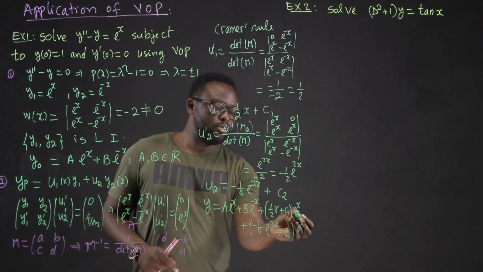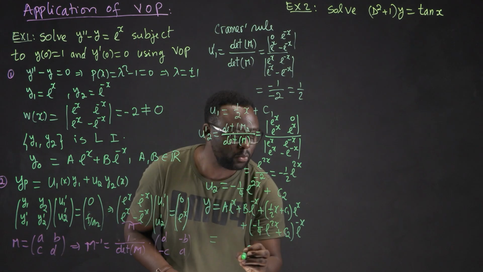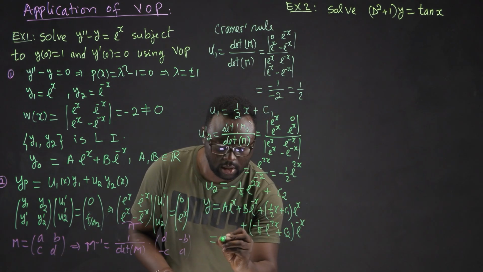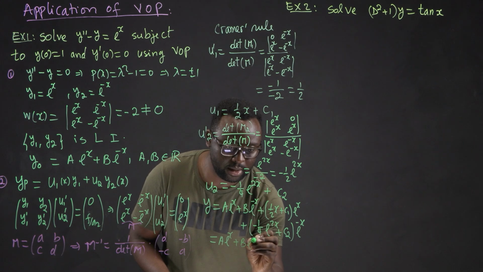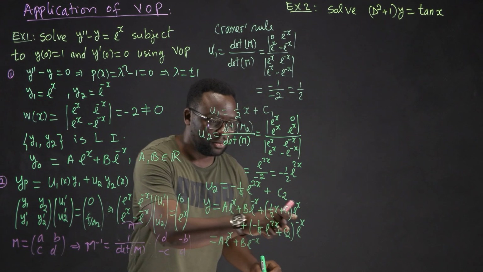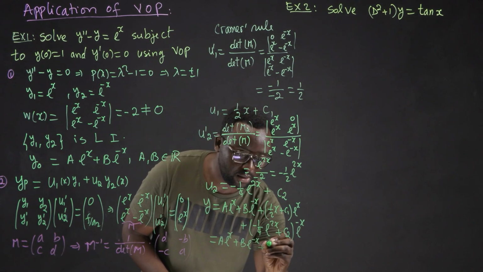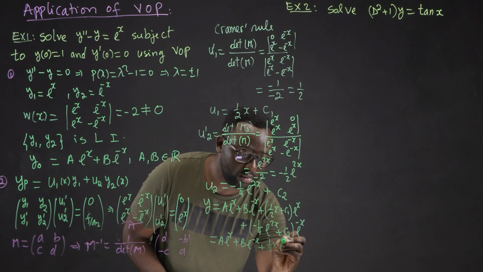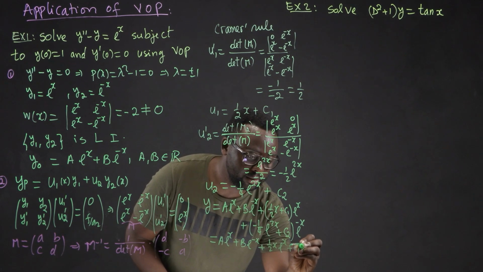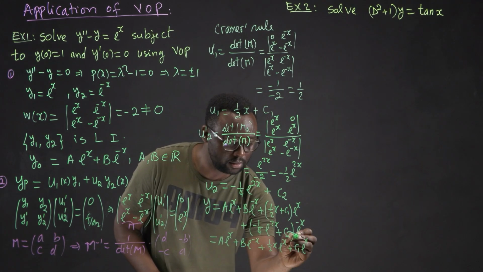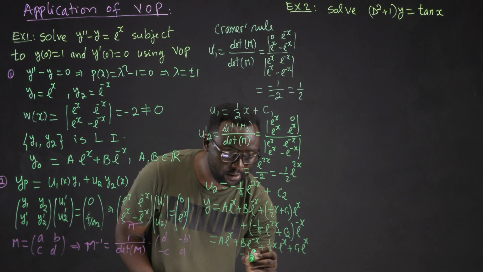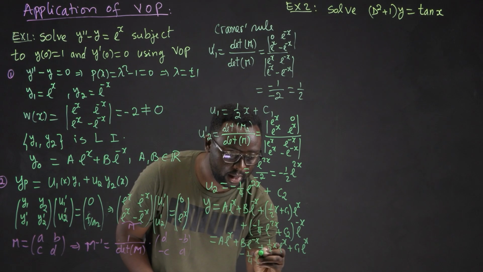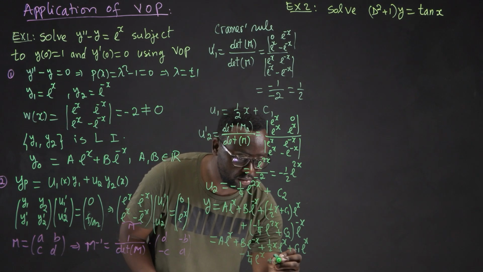Okay, so if you multiply this through, we obtain the following: a times e to the power x plus b times e to the power minus x. Multiply, this is half x times e to the power x and c1 times e to the power x. For the second part, we have minus 1 over 4 times e to the power x plus c2 times e to the power minus x.